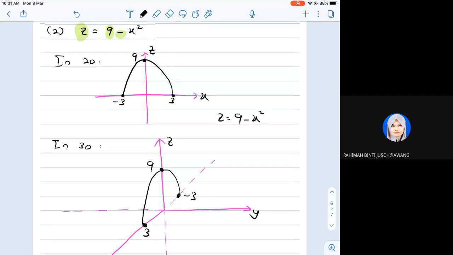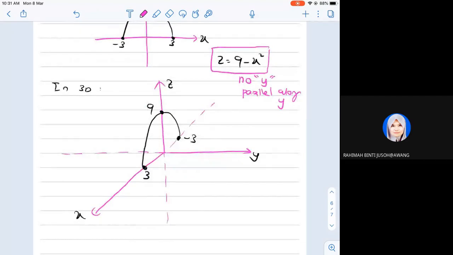So now guys, dalam equation ni dia tak ada apa? Y. Yes, no Y. So the parabolic cylinder should be parallel along Y. Okay, parallel along Y. So it's up to you lah. You nak tarik ke kanan boleh, ataupun nak tarik ke kiri boleh, ataupun both sides. Okay, it's up to you.